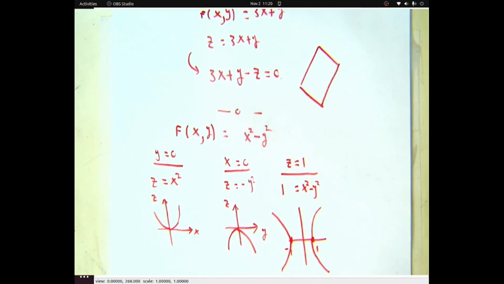If z equals 1 on this graph, my graph is going to look like 1 equals x squared minus y squared, with the understanding that we are in a plane that's 1 unit above the xy plane. 1 equals x squared minus y squared has 2 x-intercepts, no y-intercepts, and is a hyperbola.